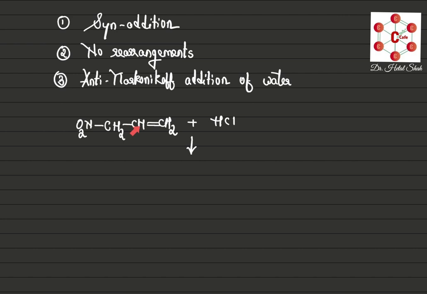Here? This is a nitro group. It is one of the strongest, very strong electron withdrawing group. Now, if you put your positive charge here, and if this group is going to withdraw electrons, what would happen to this positive charge? It will get even more intense.